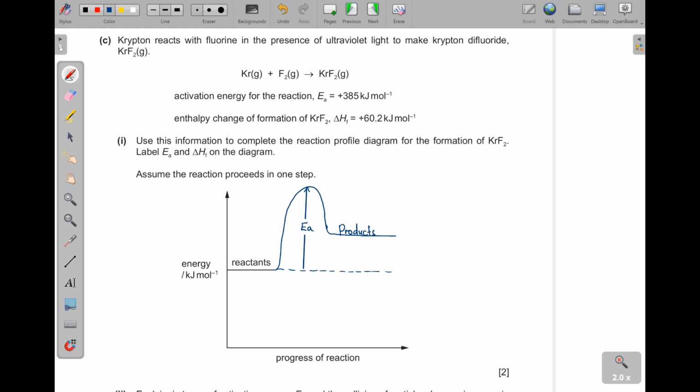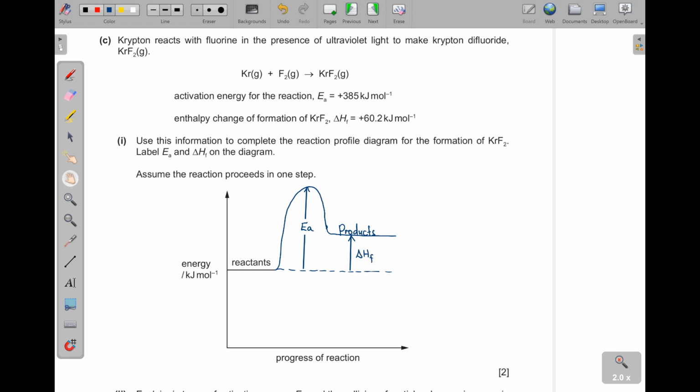And then the enthalpy change is positive, so I'll put an arrow here. It is in between the products and the reactants, so I'll put DHF, and that is that.